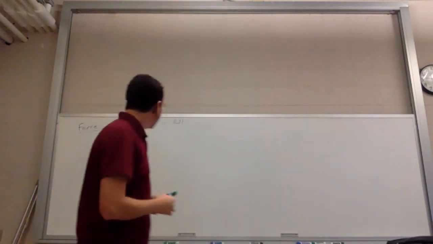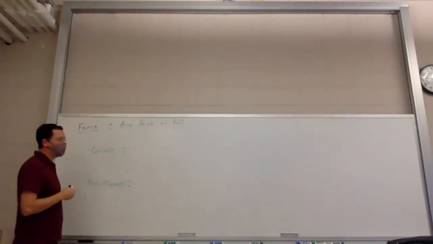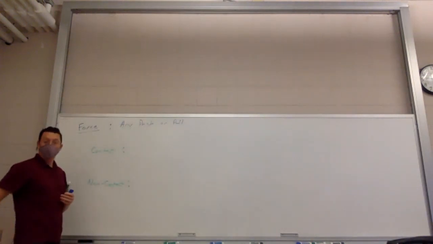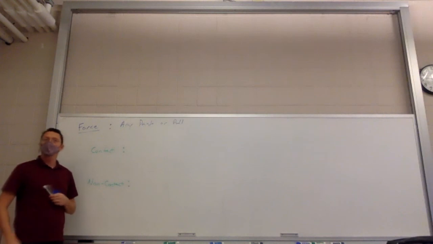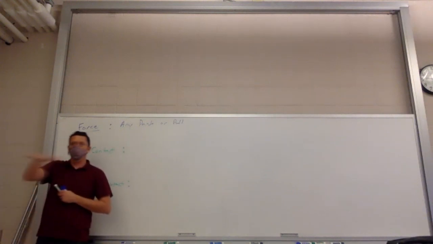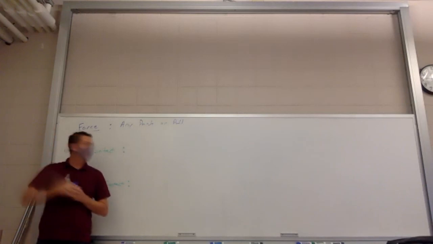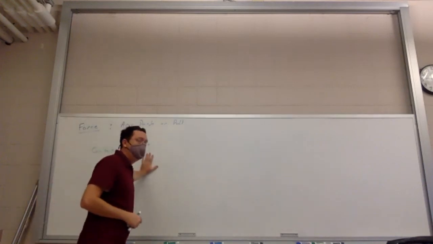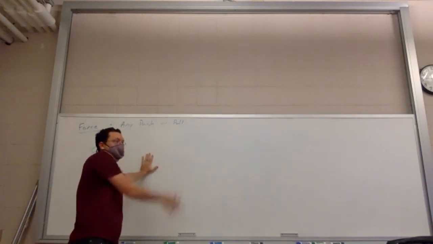All right. Examples of contact forces are, well, the chair pushing on you. Which way is the surface of the chair? It's flat, it's horizontal. Which way is the force it exerts? Perpendicular to that, so it's going straight up. If I push on the wall, the wall is vertical.